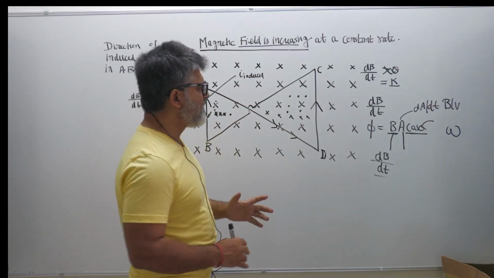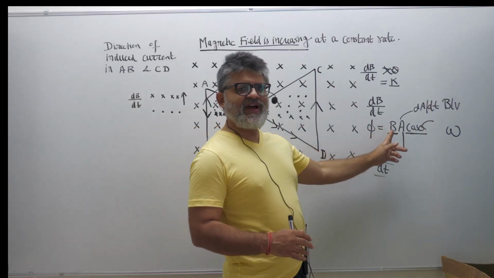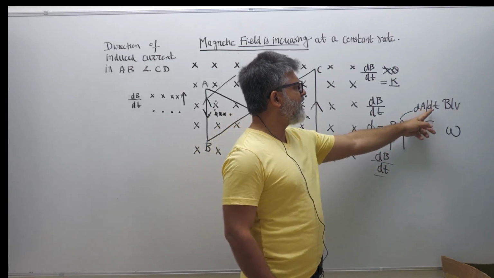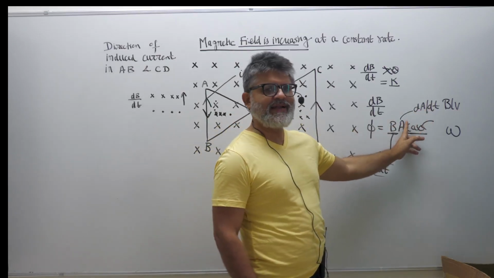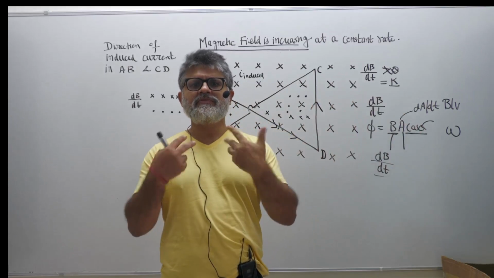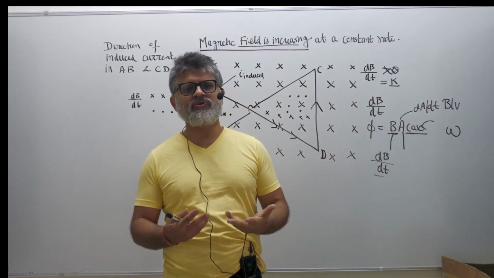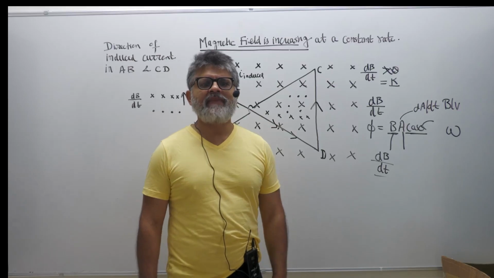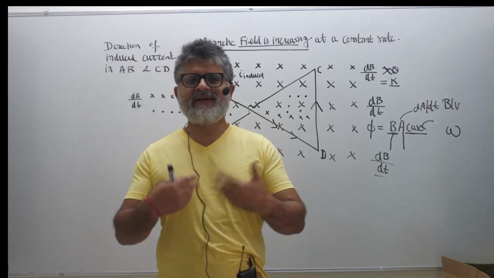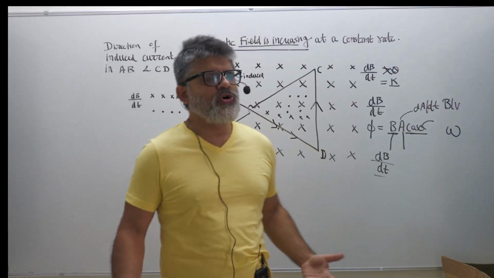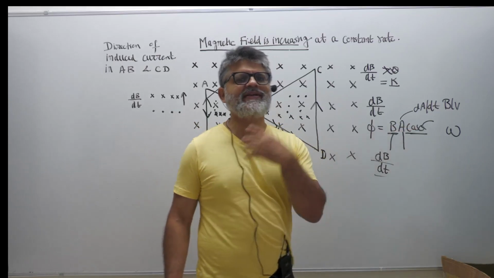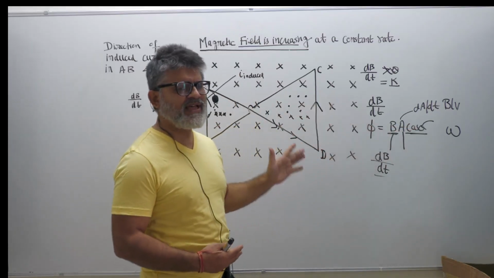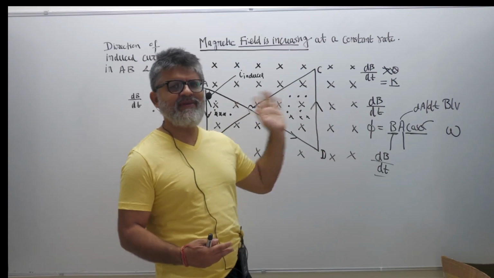The triggers for d phi by dt are dB by dt, dA by dt, and d theta by dt, or maybe one or more. You can have a situation where the body is having a variable magnetic field where dB by dt also exists, and also a situation where the body is rotating. Those are complicated situations, but I think for NEET students and board students and JEE mains, this is good to go.